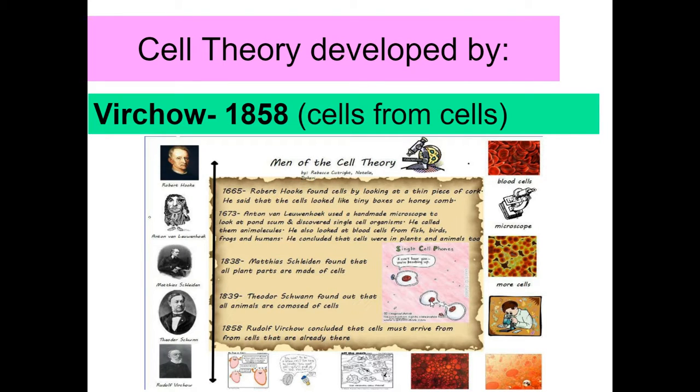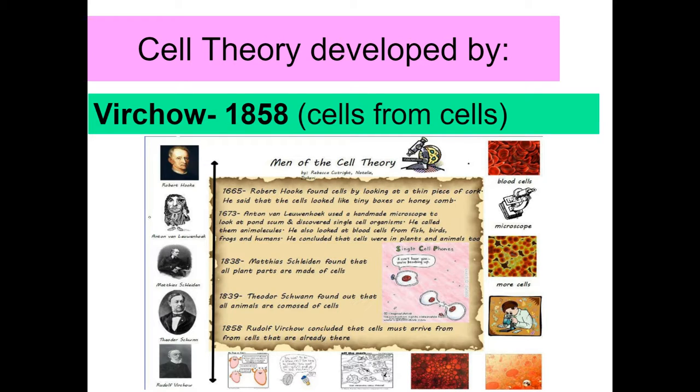So, this was 1858. So, remember, we had talked about spontaneous generation in the years before that, and how it was proposed that living things could come from non-living things. Well, Virchow scientifically proved that cells can only come from other cells.